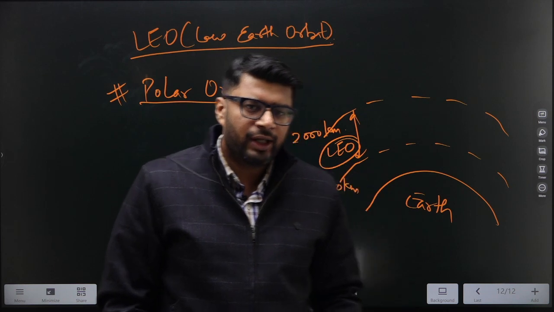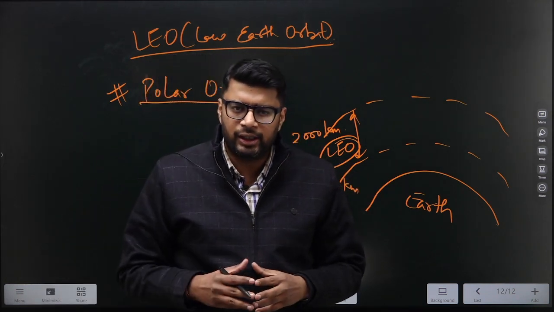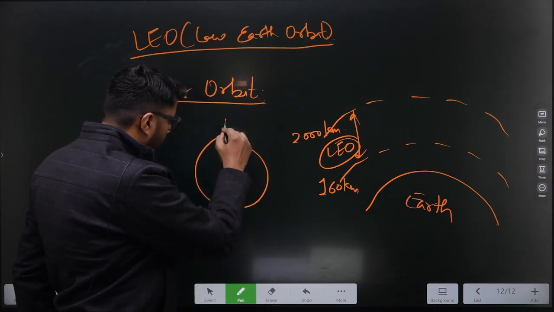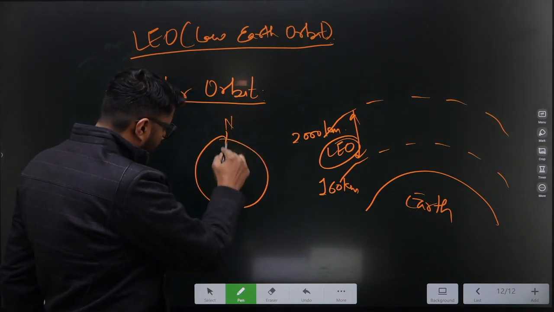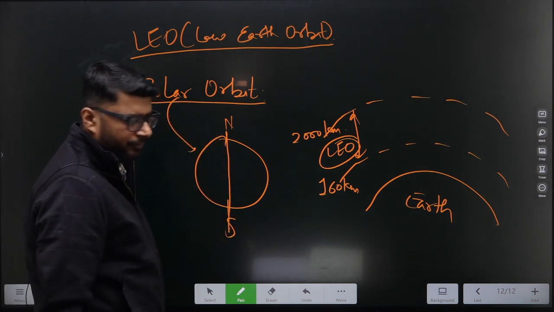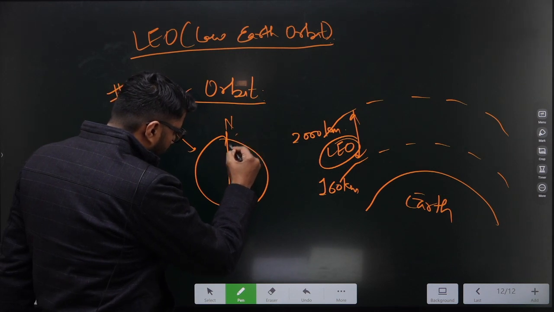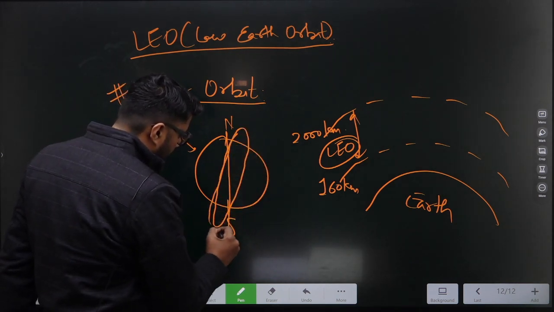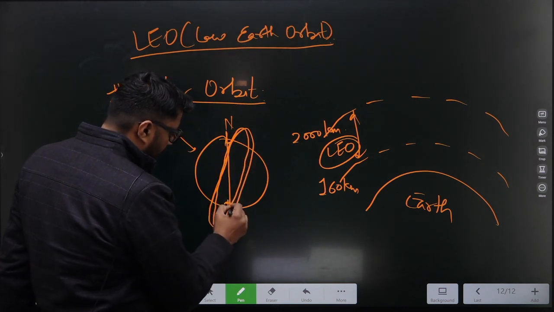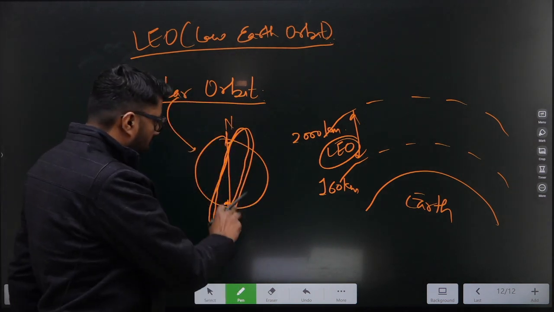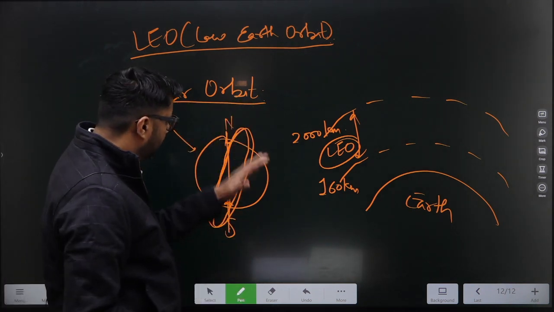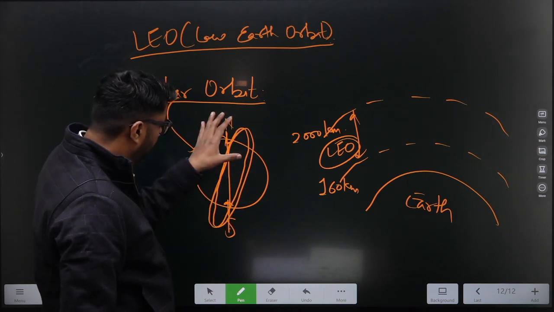But if we want to analyze the north and south area of the Earth, the north and south poles, that orbit is called polar orbit. Here the satellites are placed to analyze the north and south area, to understand the polar regions.